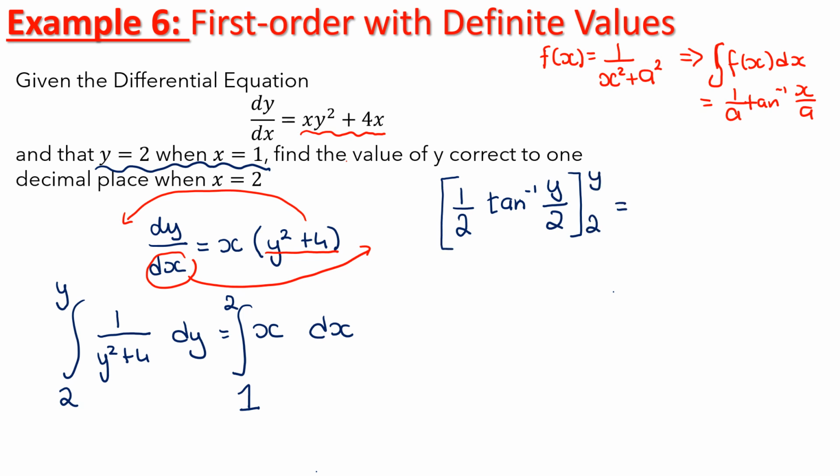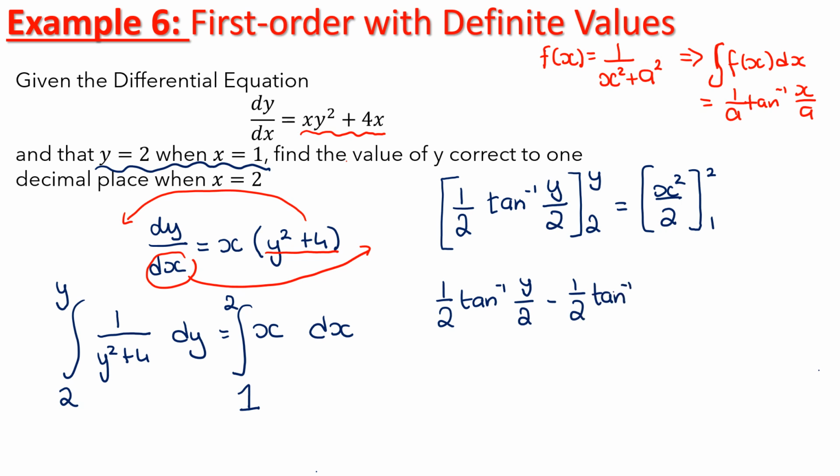And on the right hand side, just a normal polynomial, add 1 to our power, divide by our power, and evaluate that between 2 and 1. So we get a half tan inverse y over 2 minus a half tan inverse 2 over 2 equals 2 squared over 2 minus 1 squared over 2.